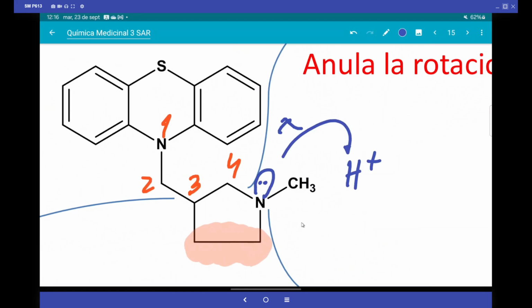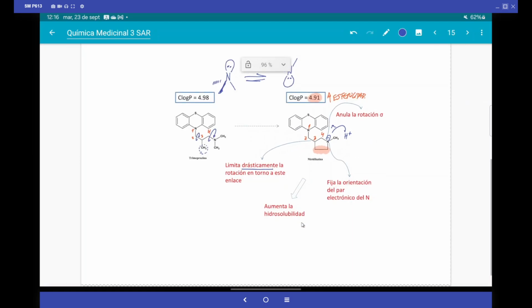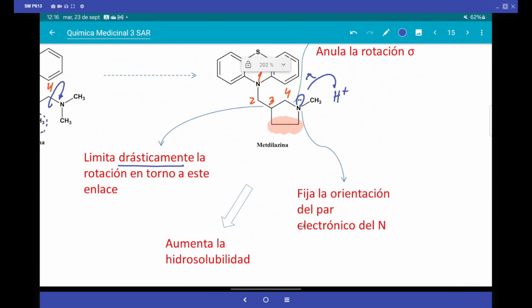Then it is more protonable when it is cyclized than when it is not. And down here it says that it slightly increases the protonation, more spherical, more hydrosoluble. All that for making a small cycle in the structure.